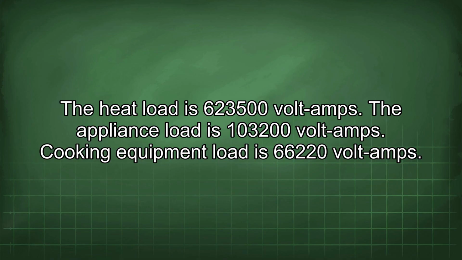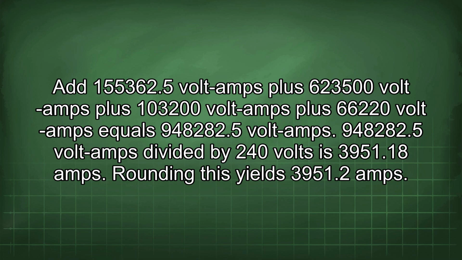Add 155,362.5 volt amps plus 623,500 volt amps plus 103,200 volt amps plus 66,220 volt amps equals 948,282.5 volt amps. 948,282.5 volt amps divided by 240 volts is 3,951.18 amps.